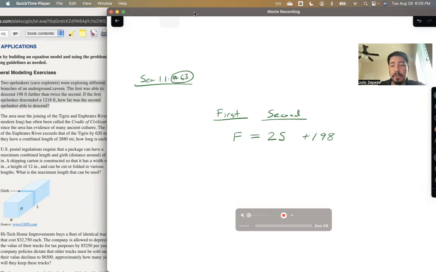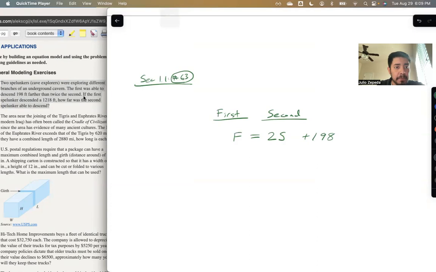Right? So we can set up an equation that way, and it looks like I've set up two variables. And if we have two variables, we should have two equations as well. So we can continue reading. The next sentence says, if the first spelunker descended 1,218 feet, so F was equal to 1,218. F is the distance that the first spelunker descended.